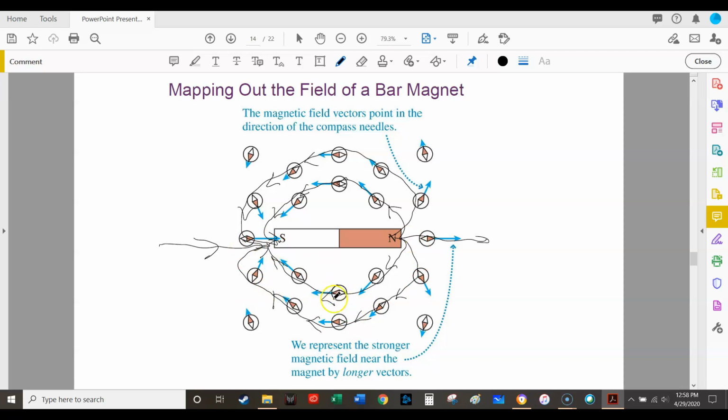And notice that the compass is pointed in the direction of those magnetic field lines. The blue is the magnetic field lines, and the compass, again, the shaded area is the north end of the compass. White is the south end of the compass. So the compass will point in the direction of the magnetic field.